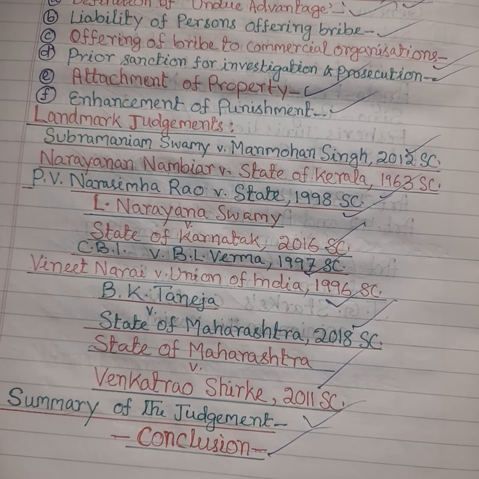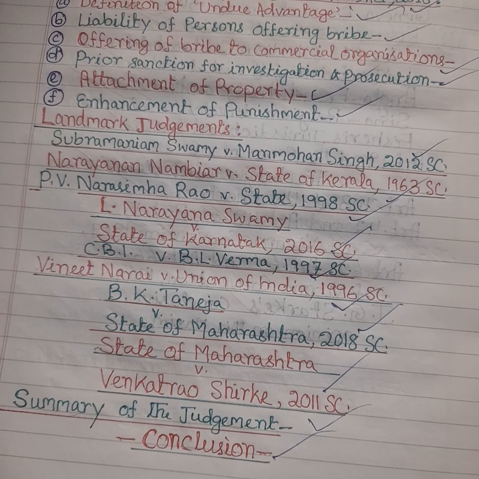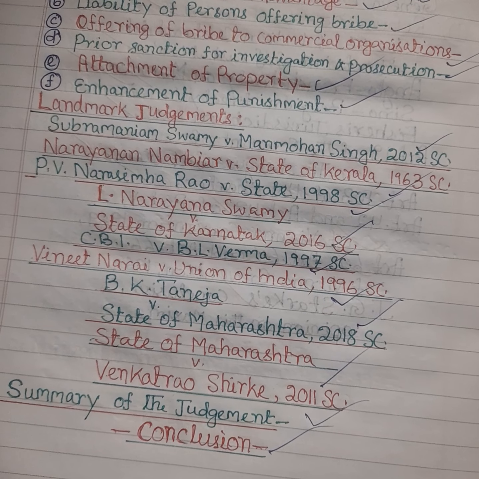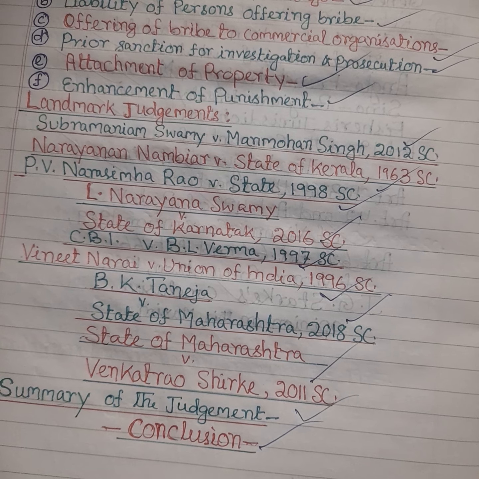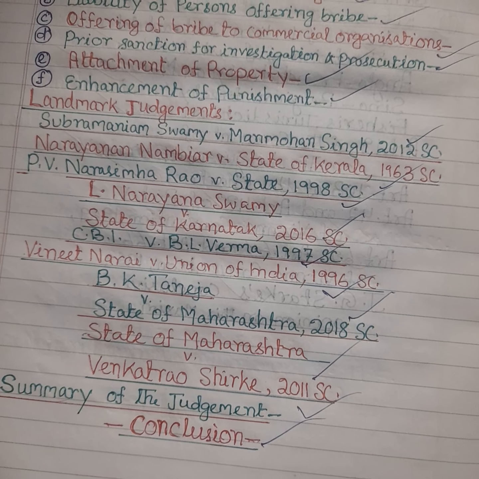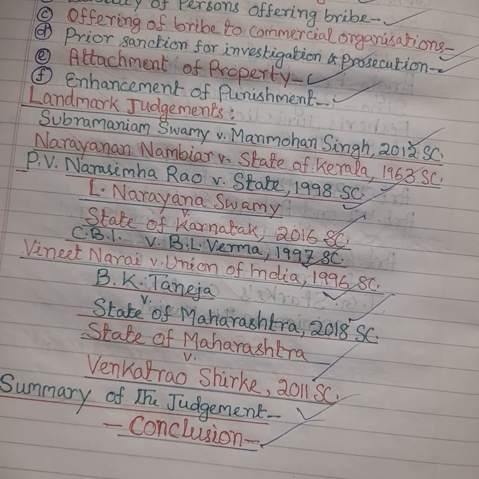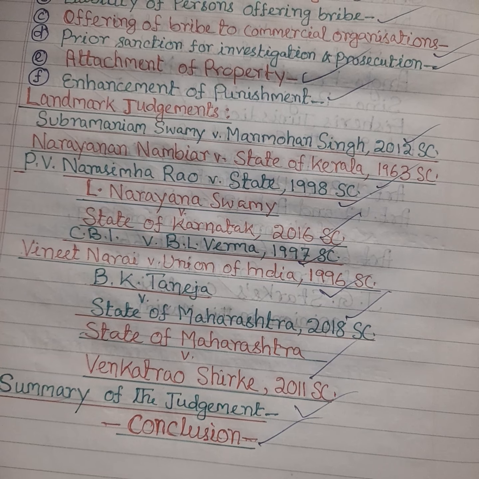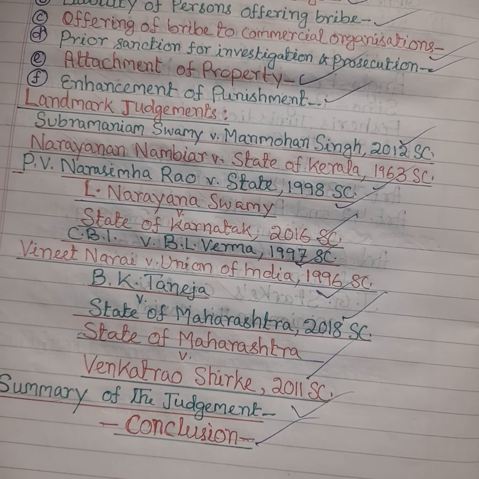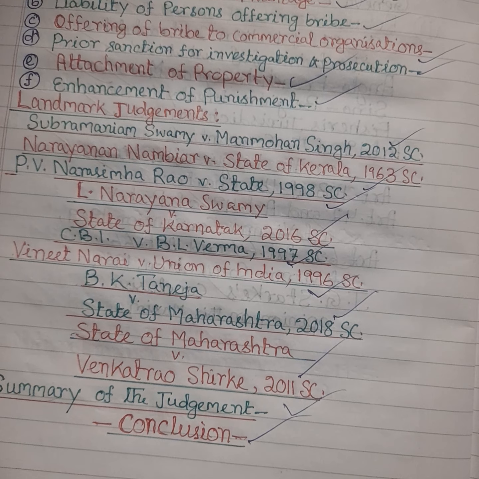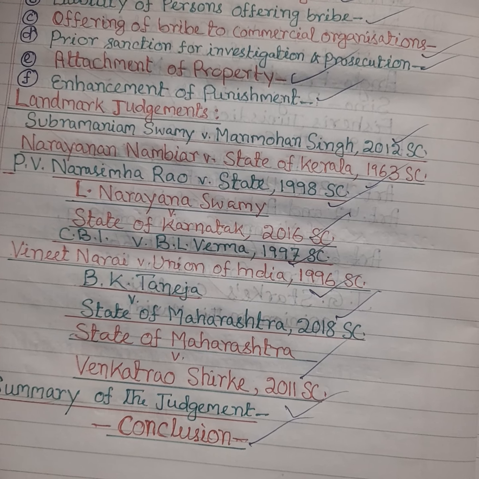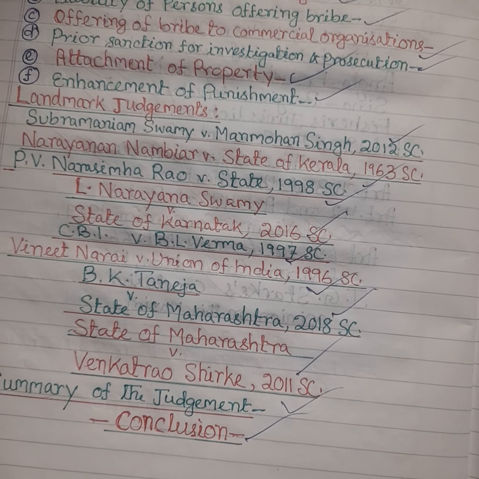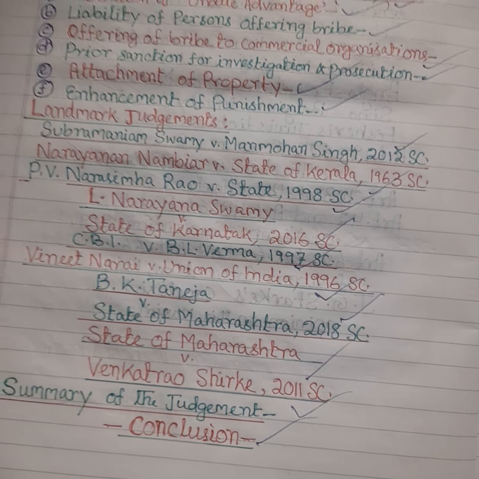They underscore the judiciary's commitment to ensuring accountability and transparency among public officials, while also emphasizing the importance of procedural rigor and fairness in prosecuting corruption cases. The evolving jurisprudence continues to strengthen the fight against corruption, reinforcing the rule of law and public trust in the judicial system.